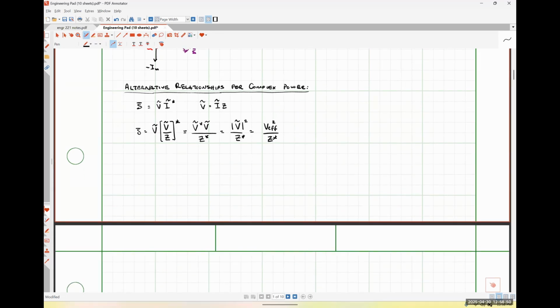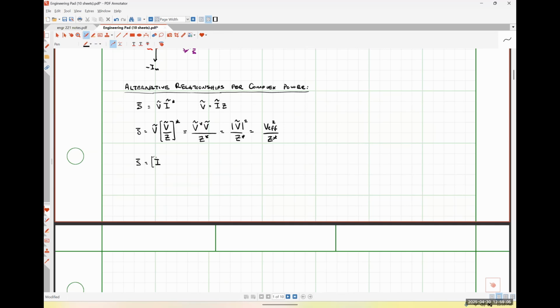We can do something similar and put everything only in terms of current, right? So I know that my RMS phasor voltage V is equal to just my RMS phasor current I times Z from Ohm's law.